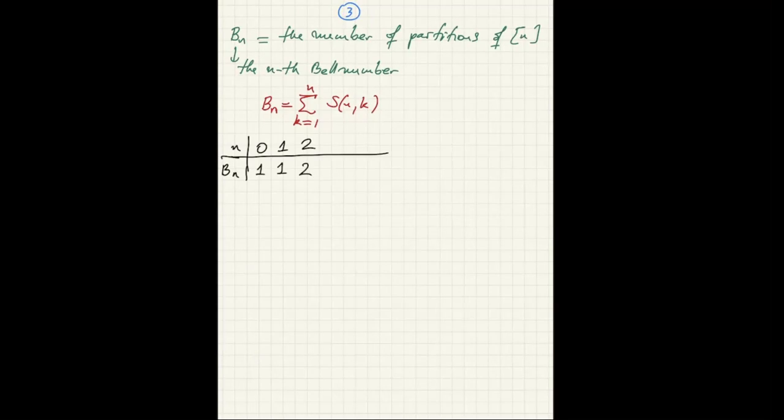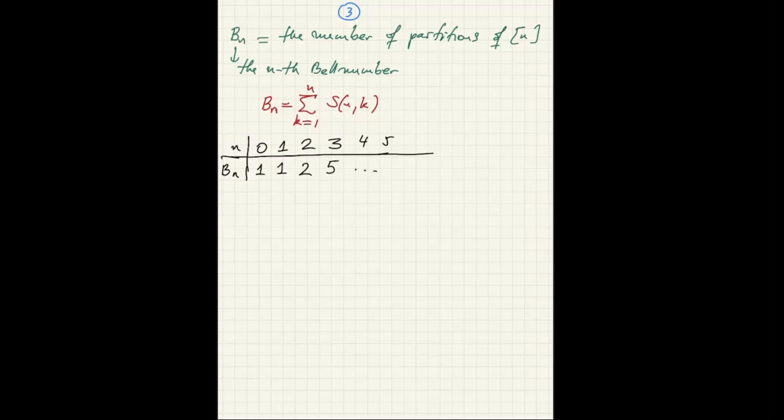That's 2. Now, if you have three elements in your set, there are various partitions, and I'll leave you to count that there are 5 of them, 5 partitions. And 4, 5. We'll see in a second how one can calculate these numbers.